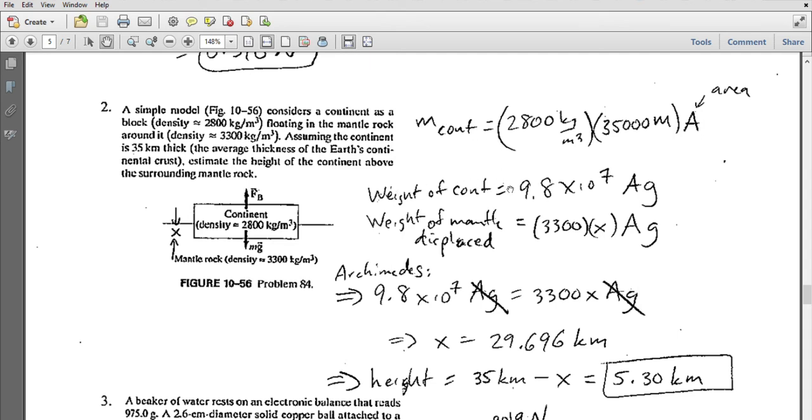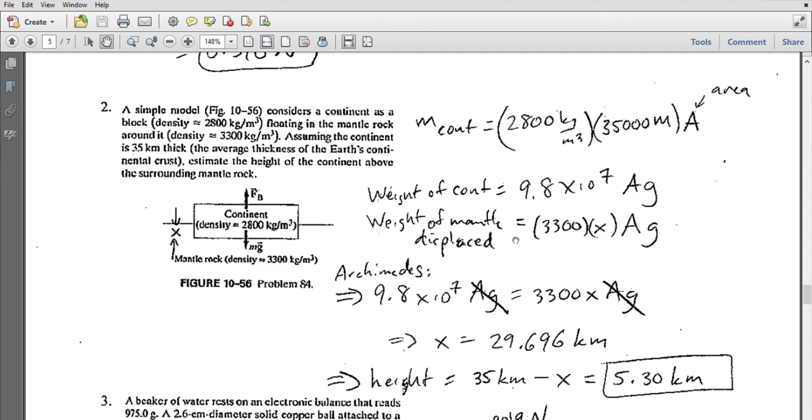Therefore, the weight of the continent is that number times A times little g, right? So that's one of the forces going down. Now, the other thing that's going to be balanced with is the buoyant force. The buoyant force is equal to the weight of the mantle fluid which is displaced.